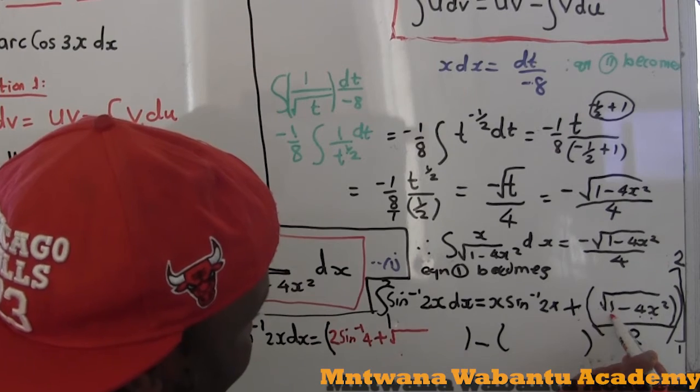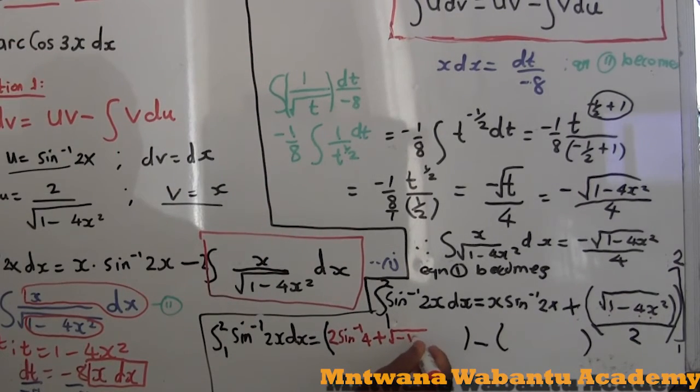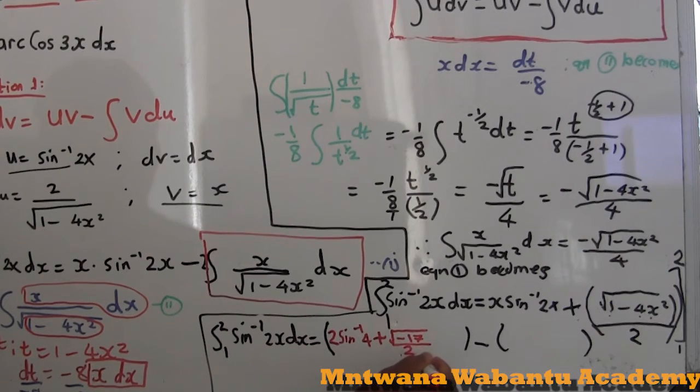So 1 minus 16 equals negative 17, and then over 2.